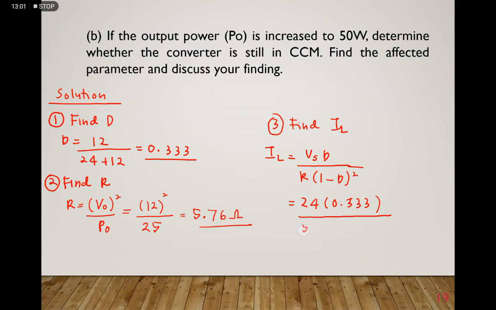Then you get your average inductor current, which will be equal to 3.1188 ampere.